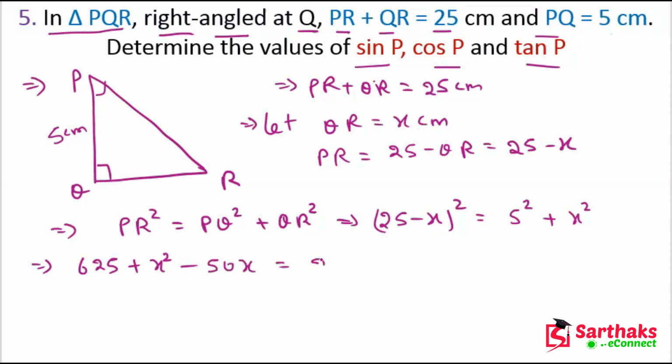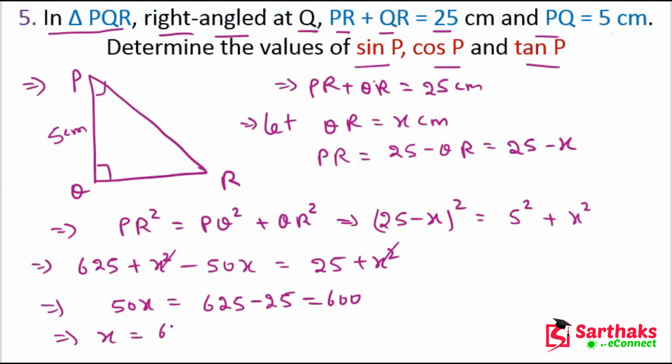Now after solving, this becomes 625 plus x square minus 50x, which is equal to 25 plus x square, and the x square will be cancelled. So we get 50x is equal to 625 minus 25, which becomes 600, and x is equal to 600 divided by 50.